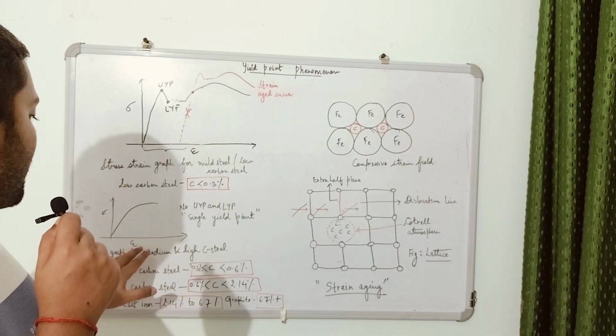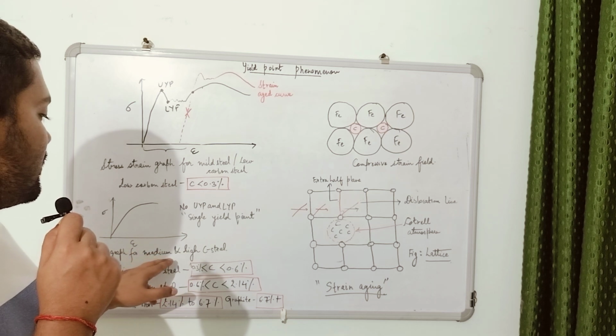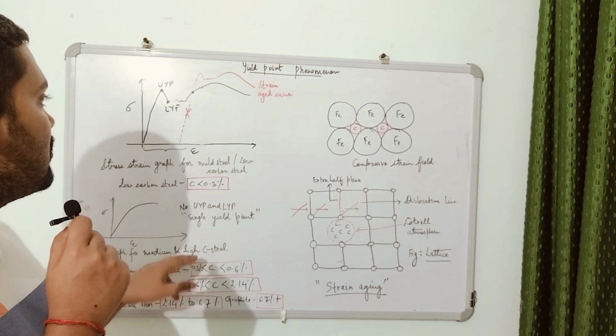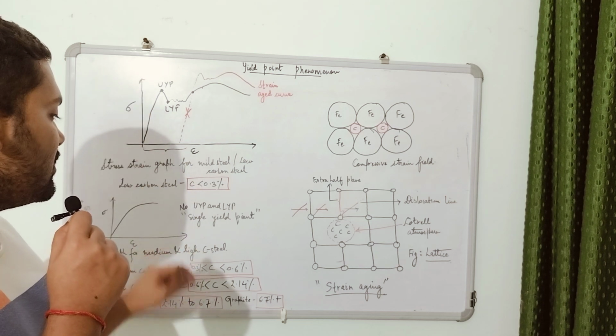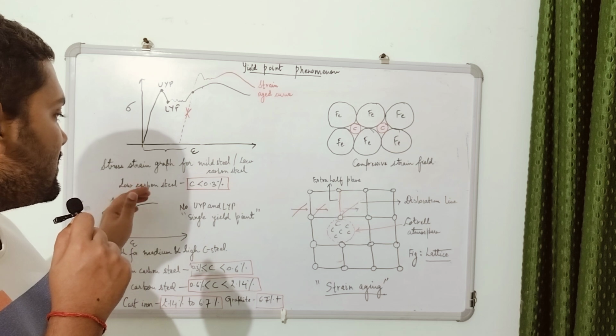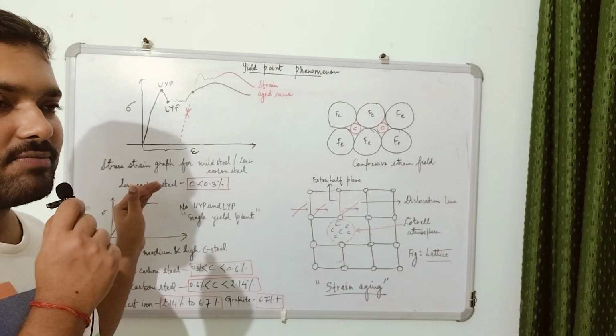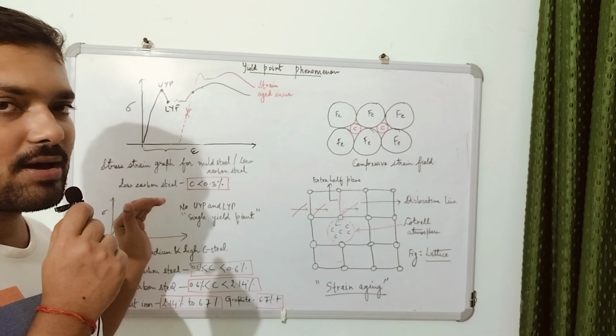So this is why we do not see these upper and lower yield points in case of medium or high carbon steel. And how can you distinguish between different types of carbon steels, low, medium and high?